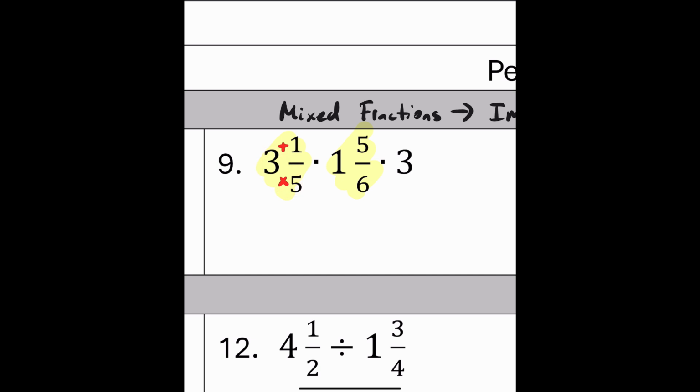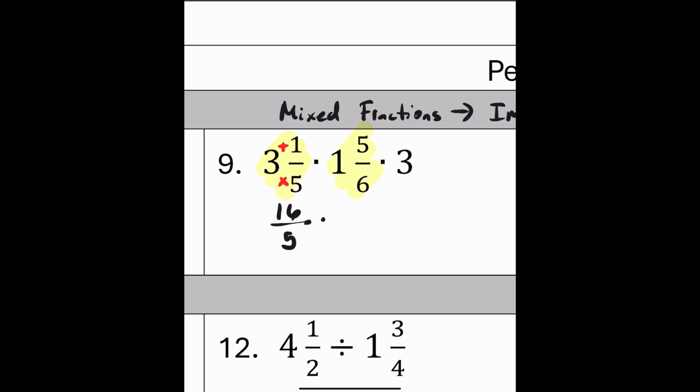That's 15 plus 1, all right? So it goes like this. 5 times 3, which is 15, plus 1, that's 16. So I'm going to write 16, and then you keep the denominator. So you have 16 over 5. So 3 and 1/5 is 16 over 5.